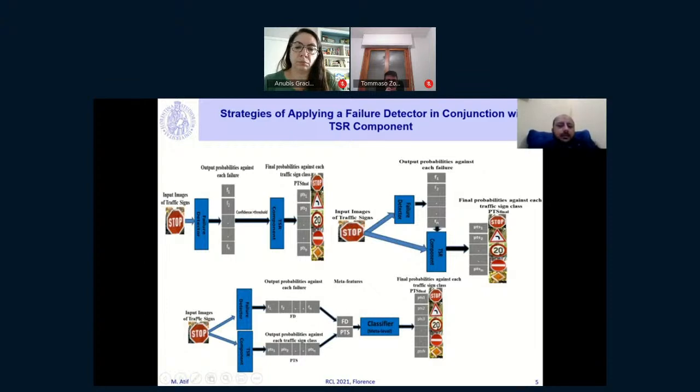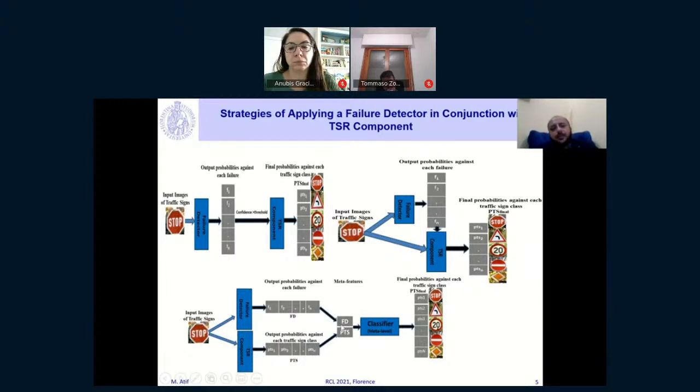The third one is the traffic sign is provided simultaneously to the failure detector as well as the TSR component. The failure detector will give us the probabilities against different failures, and the TSR component will give us the probability against different classes of traffic signs.